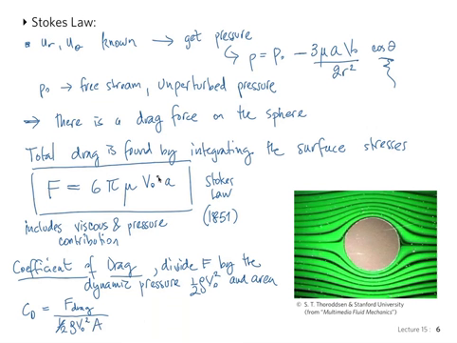And if you put this force into it, you get, for Stokes flow, and this is again a very famous result, 24 over Reynolds number. So this is for Stokes flow of a sphere. You have this very neat result which gives you the coefficient of drag around the sphere.